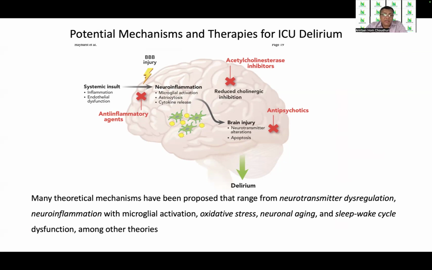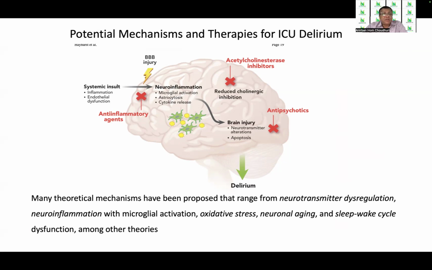Many theoretical mechanisms have been proposed, and they range from neurotransmitter dysregulation, like the reduced cholinergic inhibition targeted by acetylcholinesterase inhibitors, as you can see on the top, to neuronal aging, oxidative stress, and disturbances in the sleep-wake cycle, among many.